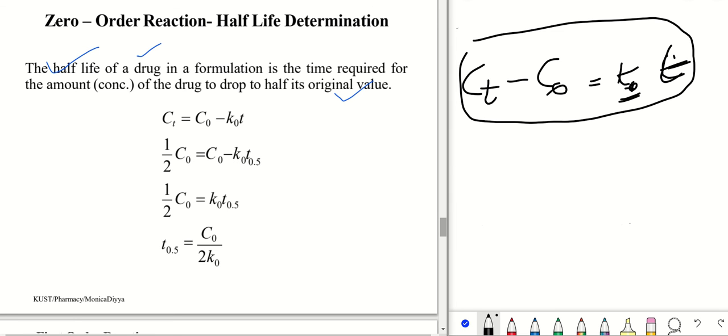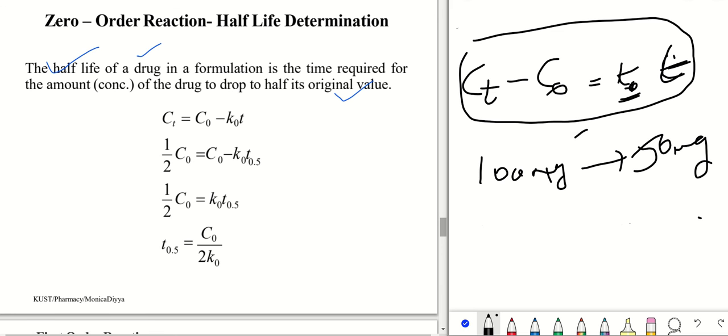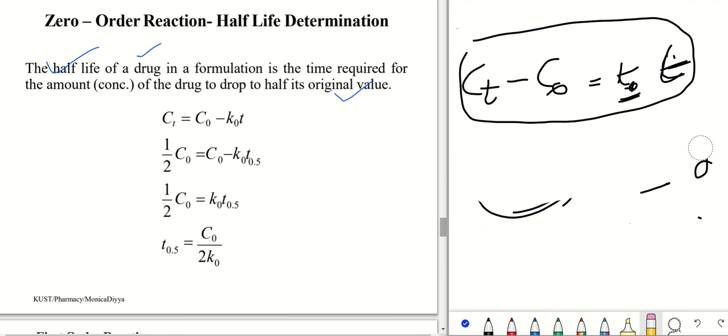For example, if the drug is 100 mg and after some reaction it drops to 50 mg, the time required for this drop of the reactant to half of the original value is known as the half-life of a drug in the formulation. Now let's see how we can make use of the rate constant or the rate law in determining the half-life.